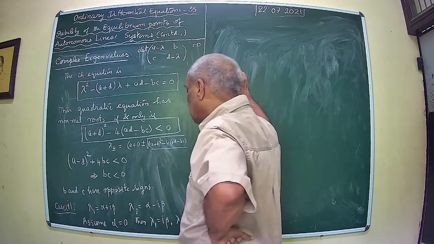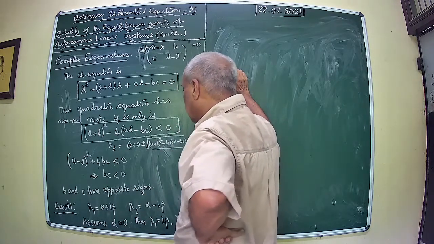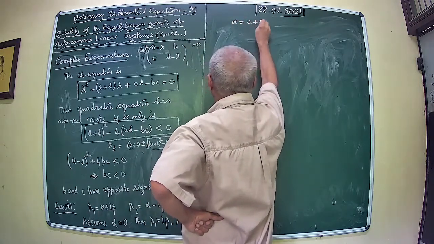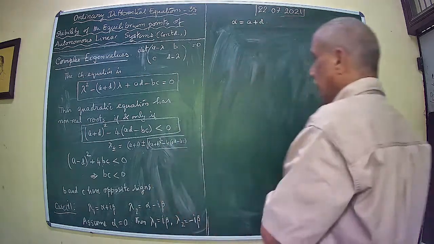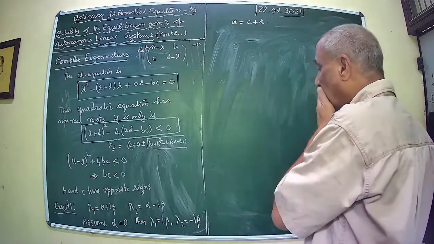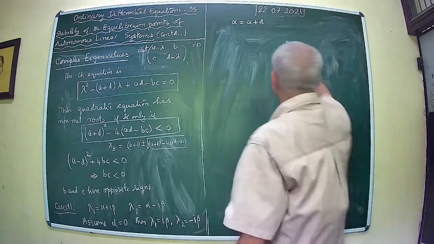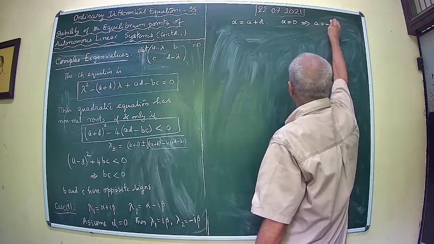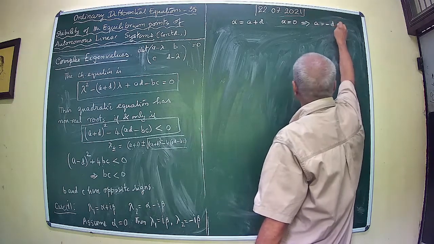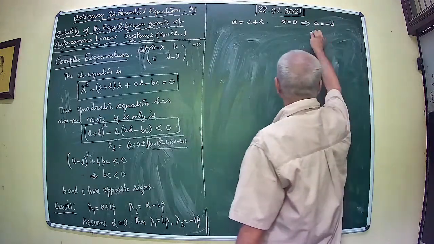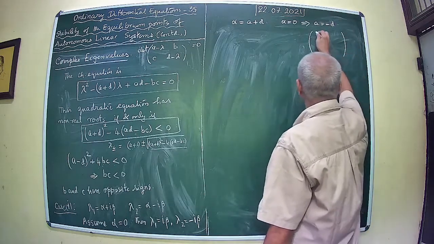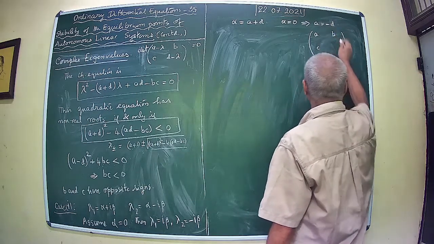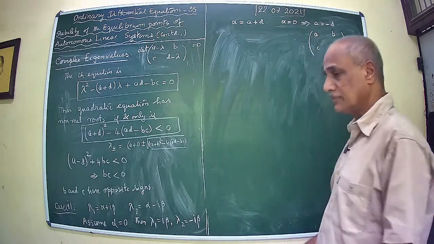Therefore alpha is equal to (a plus d) over 2, and alpha equal to 0 means a plus d is 0. So the matrix has to be (a b; c d) with d equal to minus a. It has to be something like this.